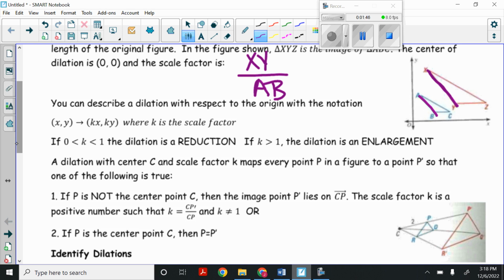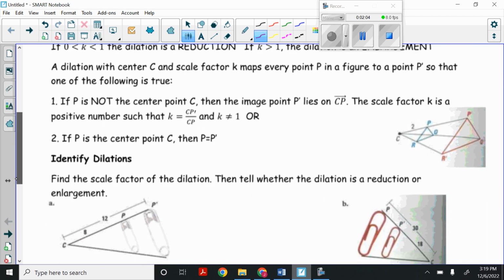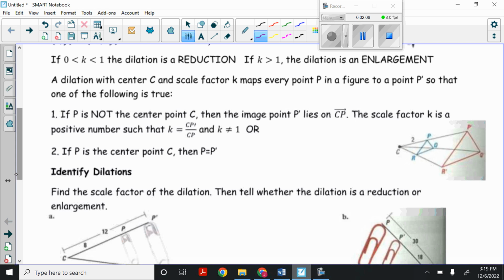If k is greater than 1, the dilation is an enlargement. So if k is greater than 1, it got bigger. If it's between 0 and 1, it got smaller. If k is exactly 1, then it didn't change size at all. It's not a dilation.